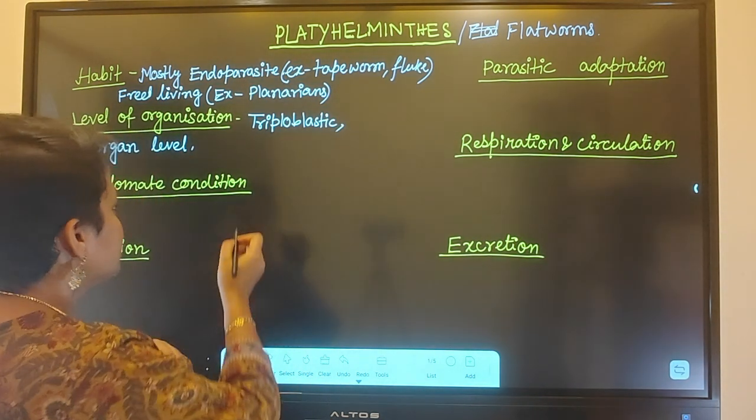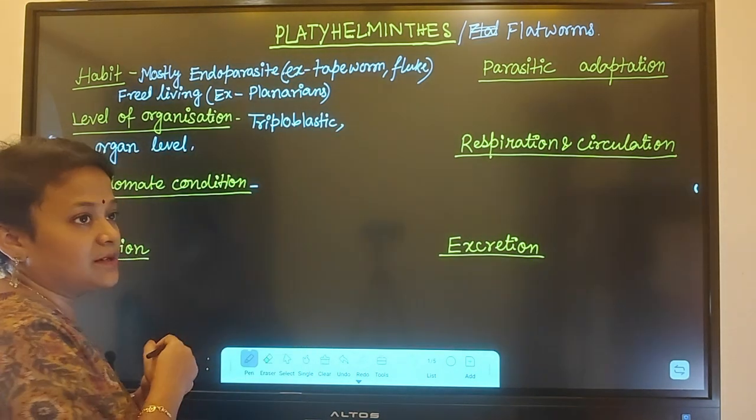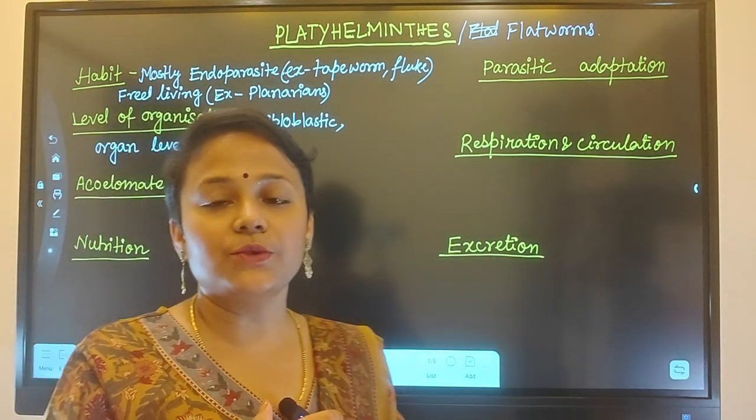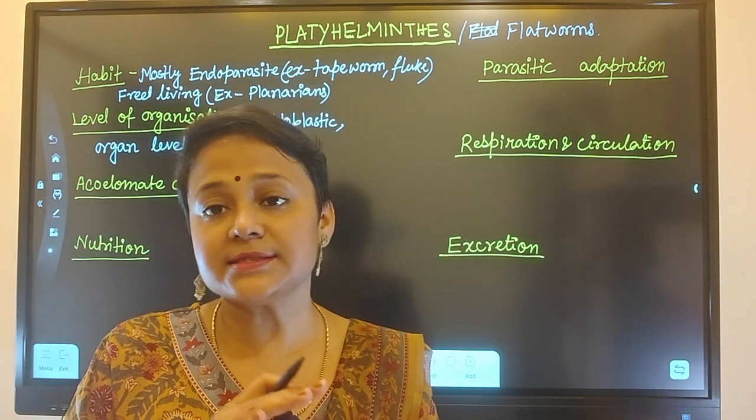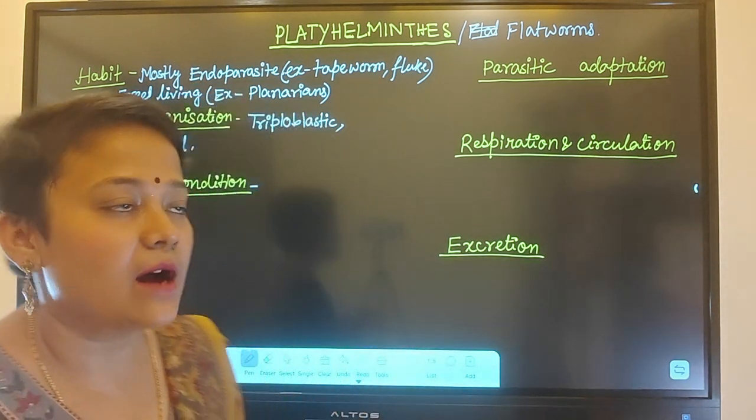So they are acoelomate, but between the gut wall and body wall there is a cellular layer present, and this layer is called parenchyma.